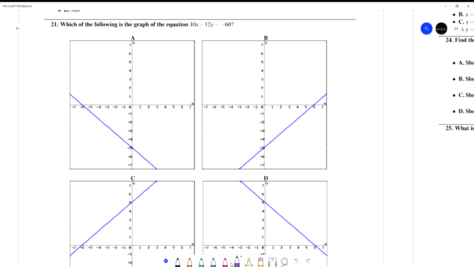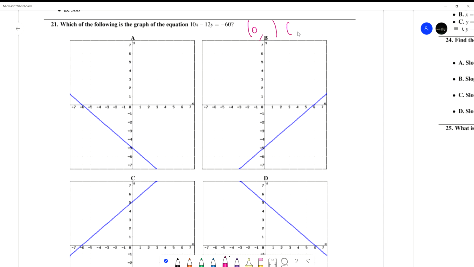Number 21, I told you the best way to do these problems, right, is to find the intercepts, which is the cover-up method. So how do you do that? You cover up x because x is equal to 0, right? When x is equal to 0, we have to figure out what y is equal to.